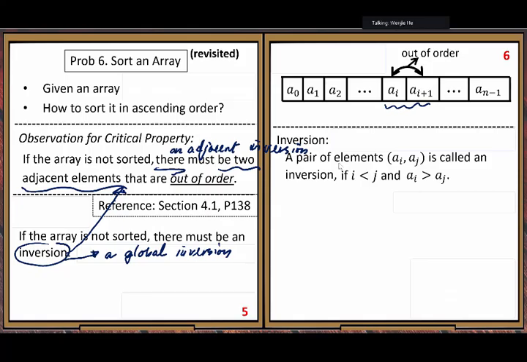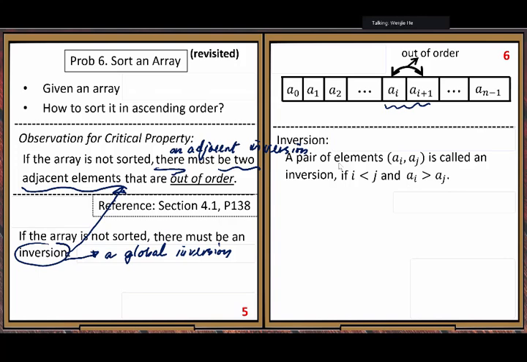The second statement is much easier to see, because if there is a global inversion, then the whole array is not sorted. But the first statement is stronger. A global inversion could be a pair you select anywhere, but this time we restrict ourselves to only adjacent inversions.